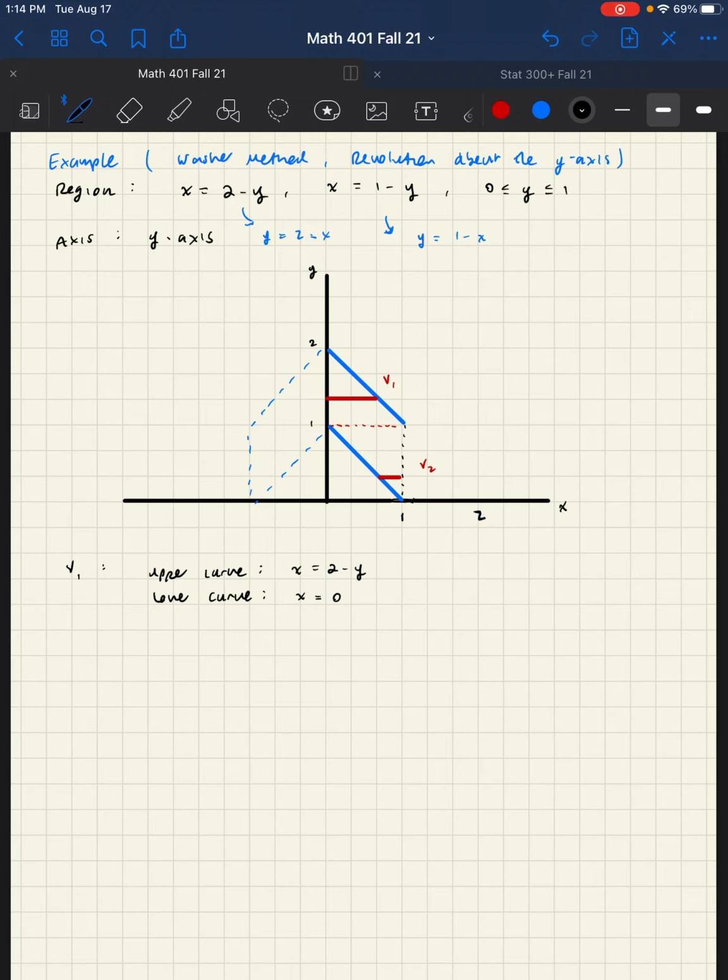So this piece is just straight up disk method. And of course the limits of integration: y is going to be between 1 and 2.